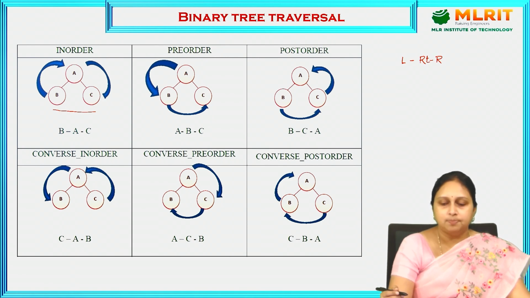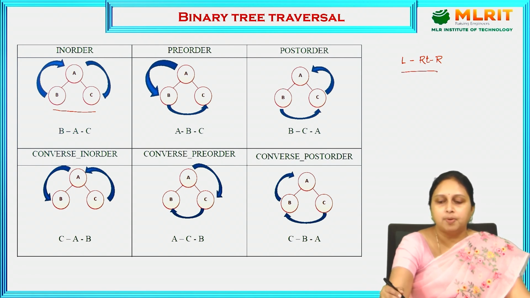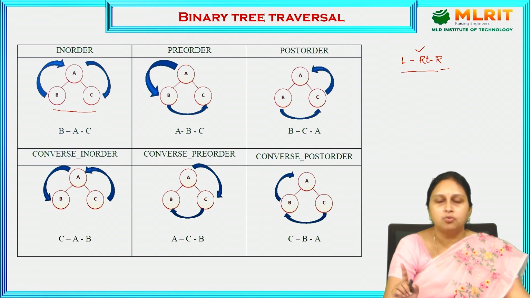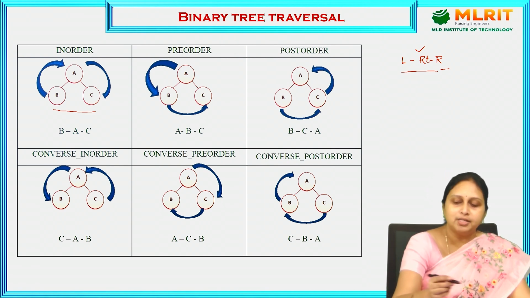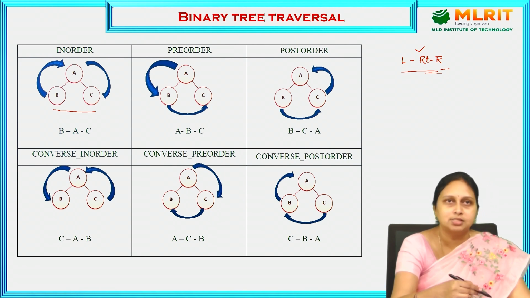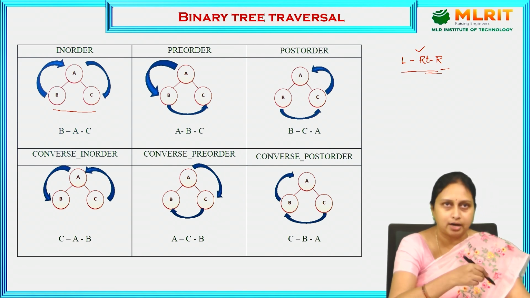In the left subtree, again the same condition has to be applied, then followed by the root node, and then the right subtree has to be traversed to visit the nodes, right? All the nodes have to be visited, but one condition is that one node can be visited only once, exactly once. Based on this condition, let us see how the traversing happens in in-order traversal.